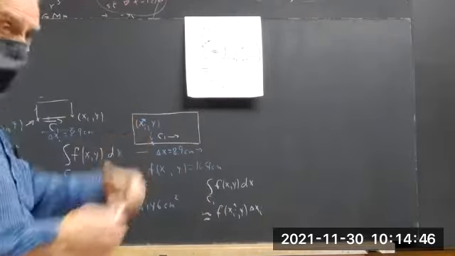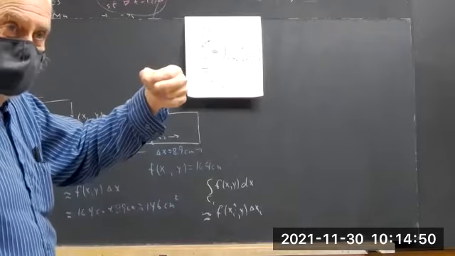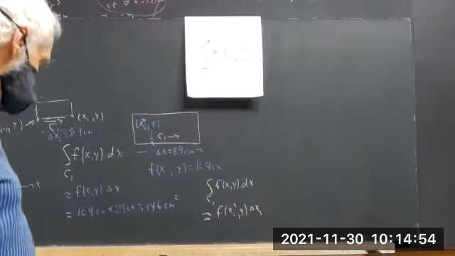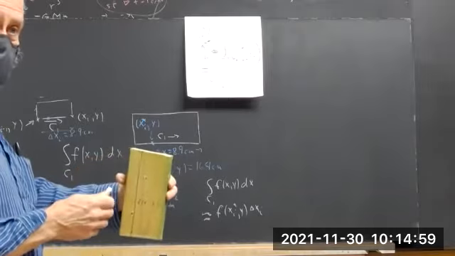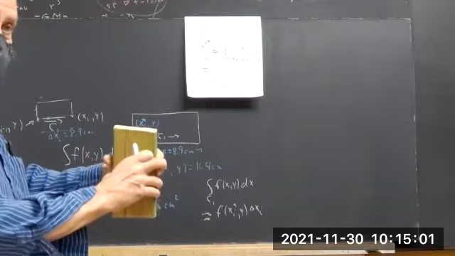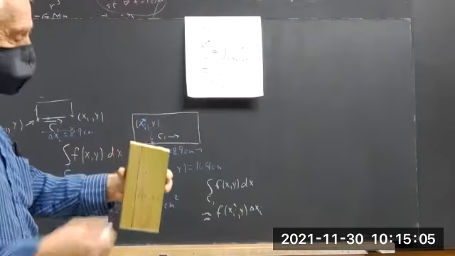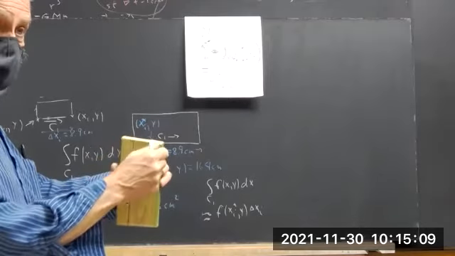But if we subdivide this into much smaller, toothpick-size pieces to approximate this. If we slice this into toothpicks and put them all together, and if our slices have zero thickness, then we get a better approximation of what the integral from here to here is.